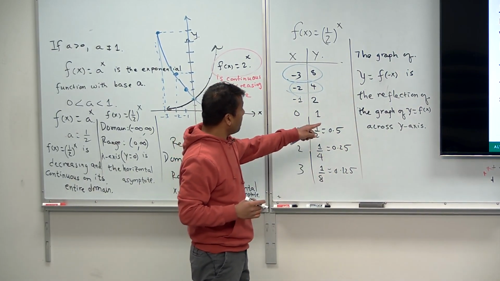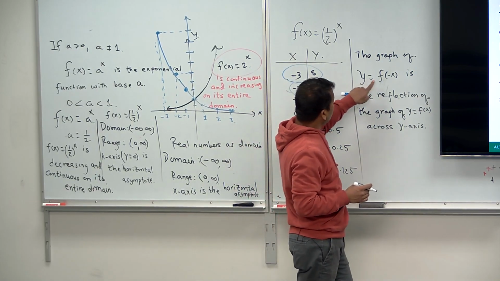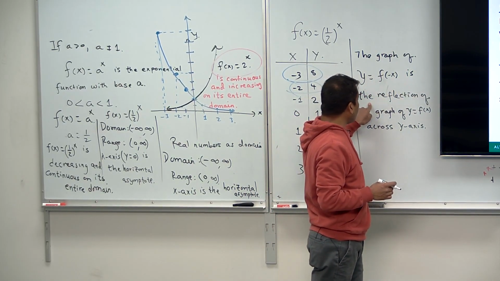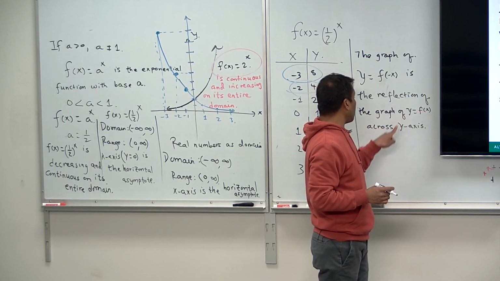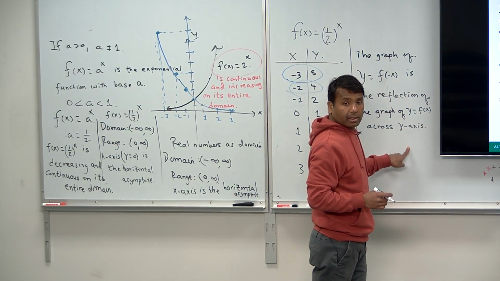You know that, right? The graph of y equal to f of negative x is the reflection of the graph of y equal to f(x) across y-axis.